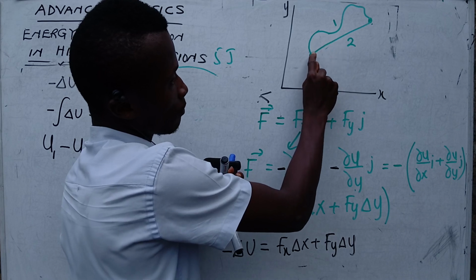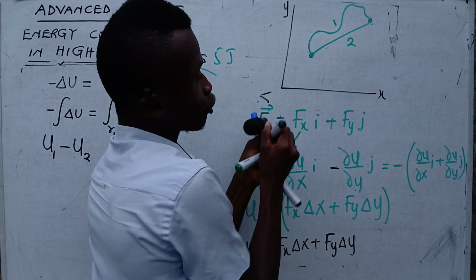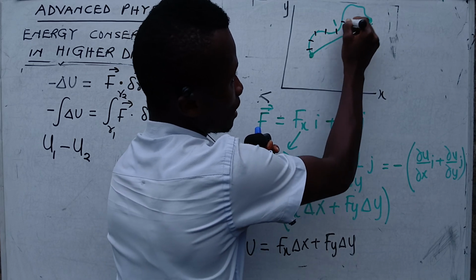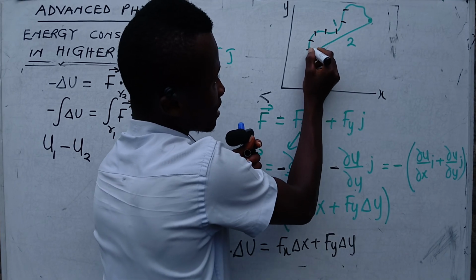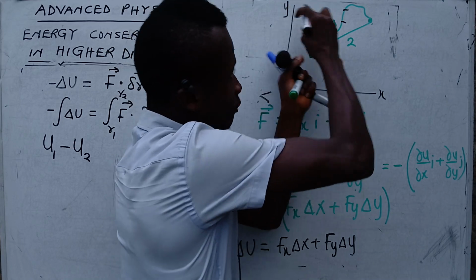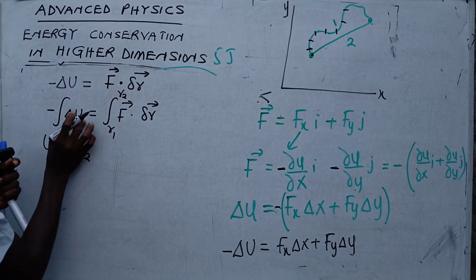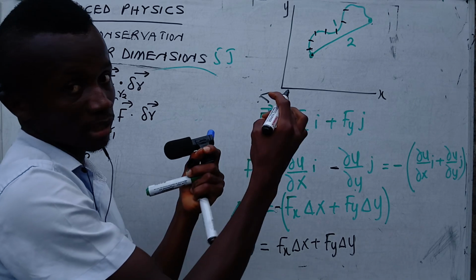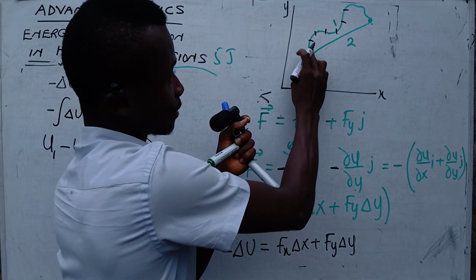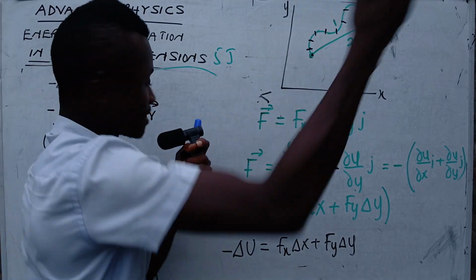Moving from this point to that point, we can chop it into pieces. Say you are taking this trajectory, you chop it. So between two infinitesimal displacements, you have a little change in height. Then you keep on tracking the height. So this delta u stands for an infinitesimal change in height. So if you take the integral, it means you are doing it from this point to a huge or wide distance.